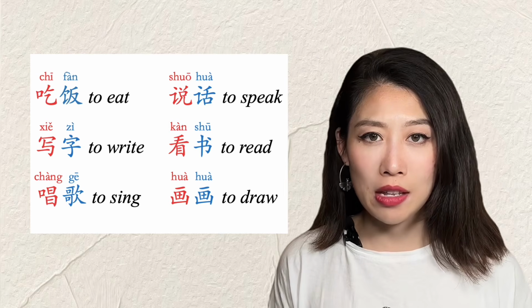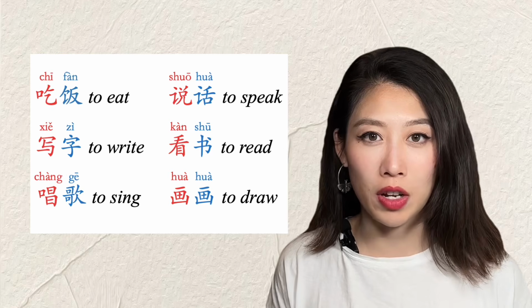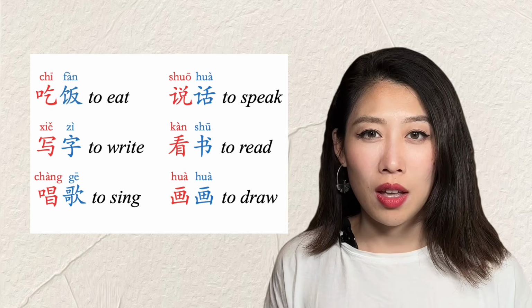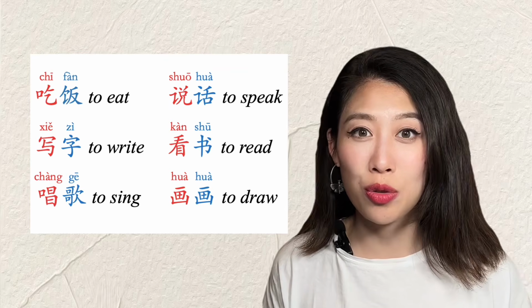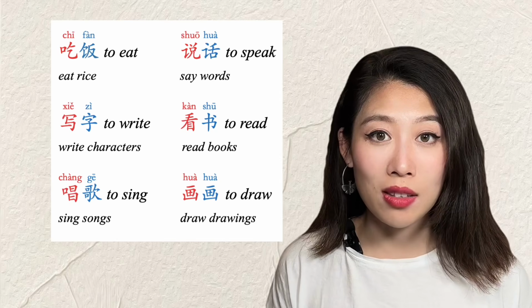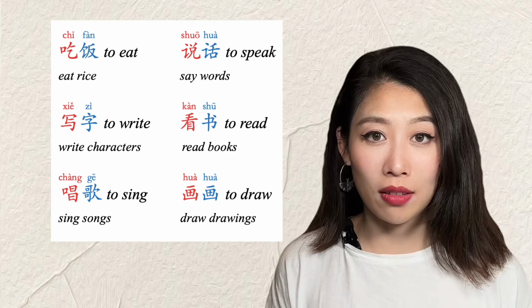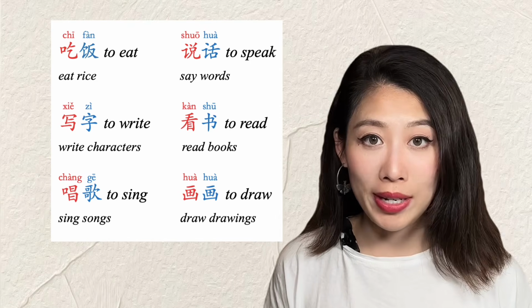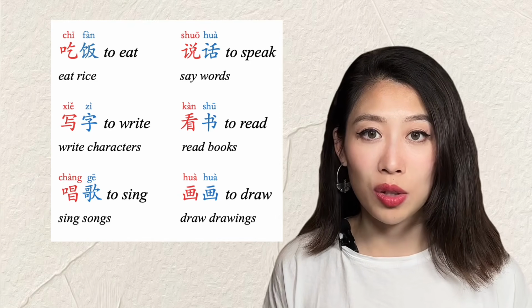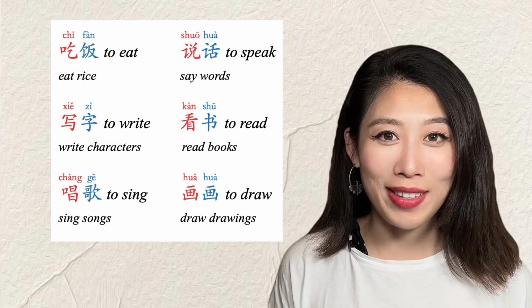So if you look at these vocabulary, they're all verbs, right? Because those are actions, verbs. But if you look at each character of the vocabulary and try to do literal translation, 吃饭, to eat rice, 说话, to say words, 写字, to write characters, 看书, to read books, 唱歌, to sing songs, 画画, to draw drawings.